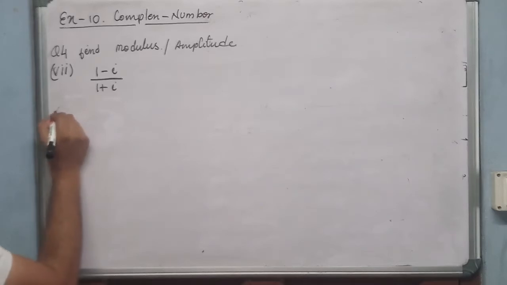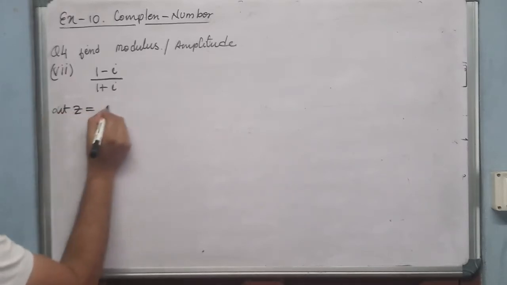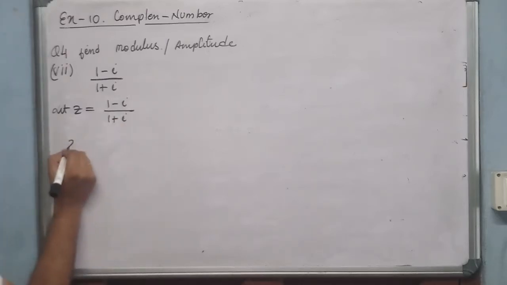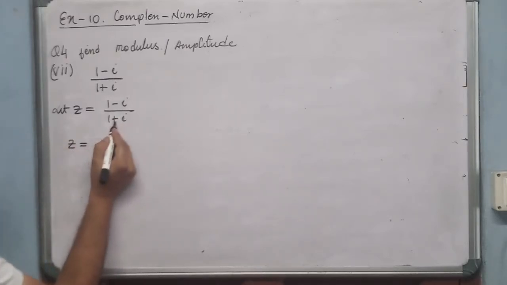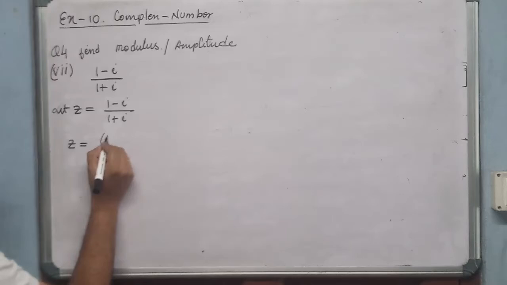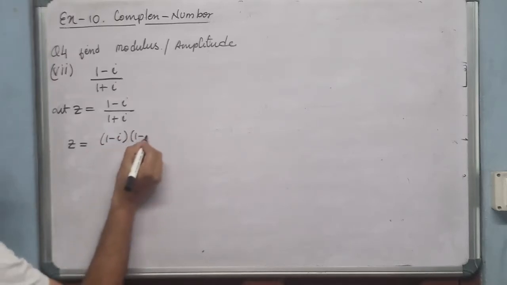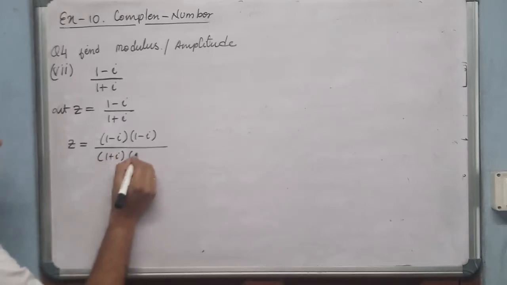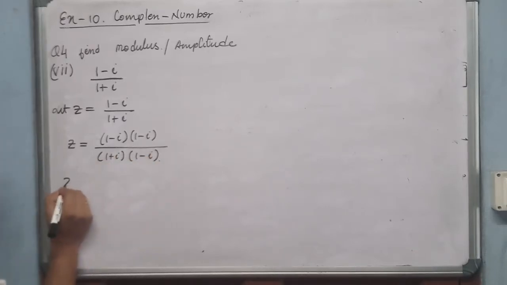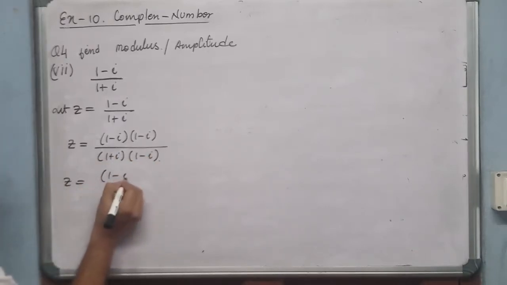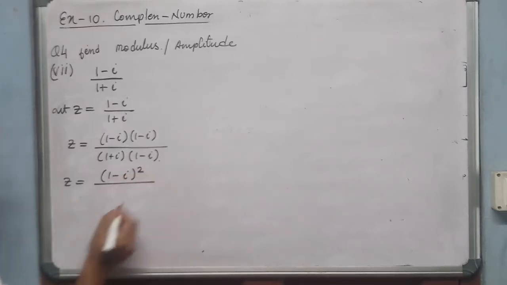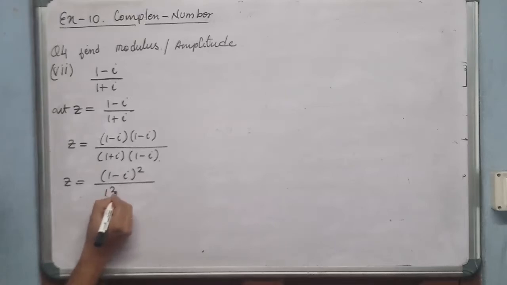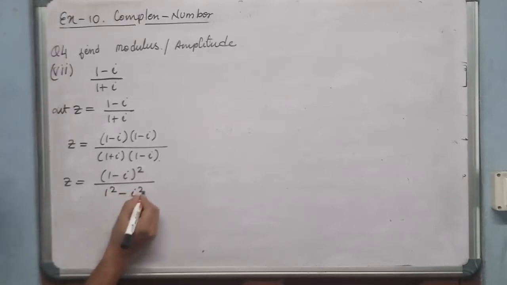Now I'll simplify. Let z equal 1 minus i over 1 plus i. If it is numerator over denominator, always rationalize the denominator. It is plus, so I'll multiply both numerator and denominator by its minus quantity, 1 minus i. Z equals 1 minus i whole square over, in terms of the formula, a plus b times a minus b, which means a square minus b square.